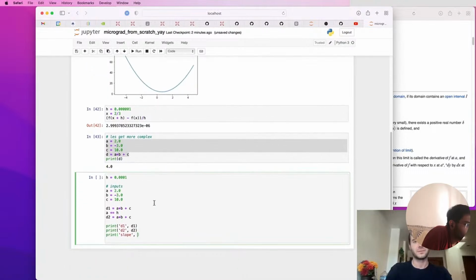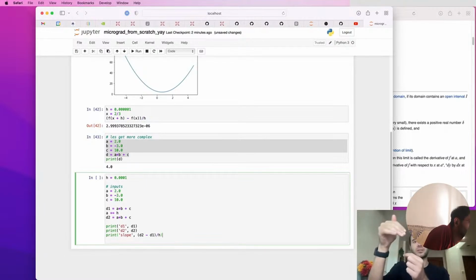So the derivative or slope here will be, of course, d2 minus d1 divided by h. So d2 minus d1 is how much the function increased when we bumped the specific input that we're interested in by a tiny amount, h. And this is then normalized by h to get the slope.